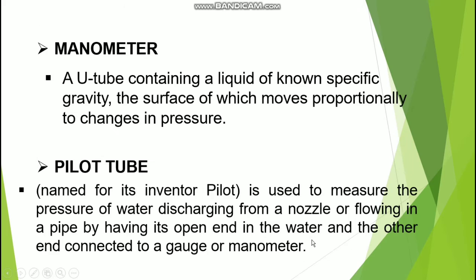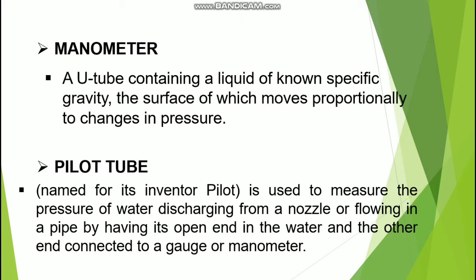Then manometer, a U-tube containing a liquid of known specific gravity, the surface of which moves proportionally to changes in pressure. So ang type sa manometer na open type na as in differential. Then pitot tube, so sa kasagarang ma-search is pitot tube ang nakabutang.